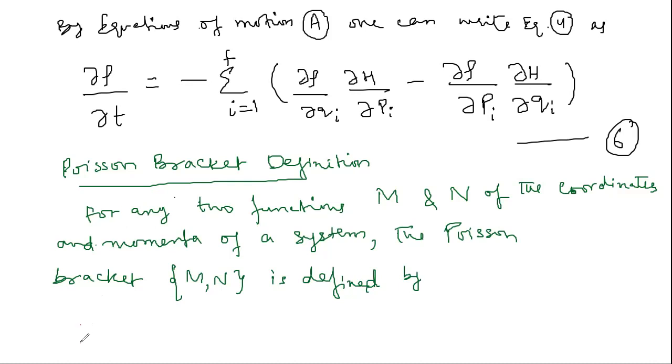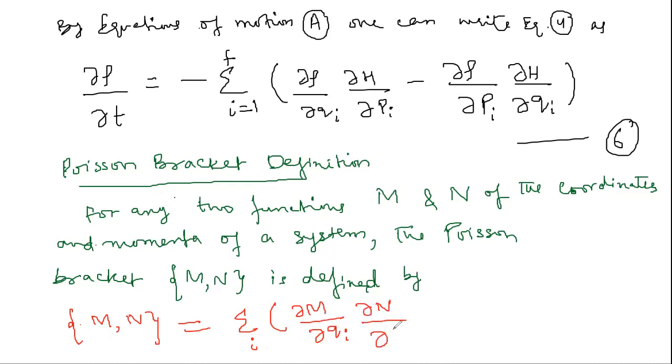The Poisson bracket of M and N is by definition the summation over i of dou M by dou Qi times dou N by dou Pi, minus dou N by dou Qi times dou M by dou Pi.